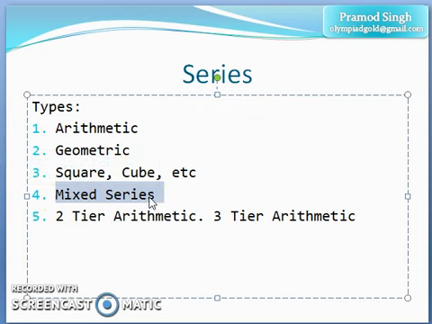And in that mixed series there were some that were two-tier arithmetic. Their difference itself was an arithmetic series, and then 3-tier sometimes comes, where the difference is an arithmetic series, which again is a 2-tier. So we can have these many kinds of series.